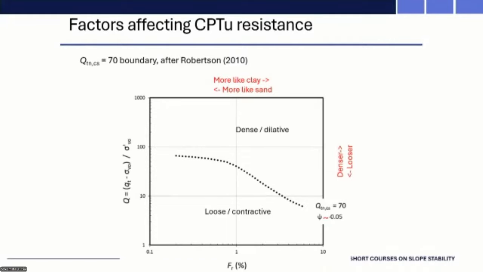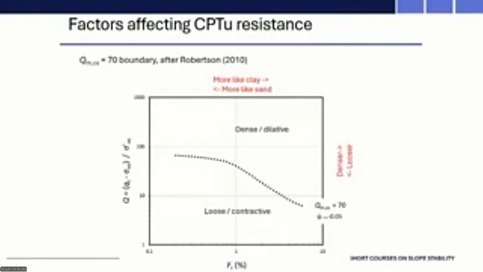The approach that's, I think, widely used, and it seems to be consistent with a lot of the failure case studies I'll show you in a second, is the Robertson approach. So we've got the normalized tip resistance on the vertical, friction ratio horizontal, and remember they're both on log scales, so that always tends to kind of compact data. That dashed line shown there, the Q of 70, similar to the state parameter of negative 0.05, delineating what's perhaps dense and dilative versus loose and contractive.